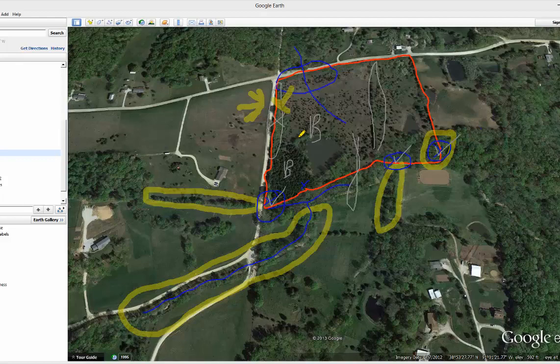So if you have this property here and you're hunting it, you've got 4 locations that, if the deer, there's no if to it, the buck is going to do it every single year. He's going to go into rut and he's going to begin seeking and looking for does, and he's going to start chasing does.